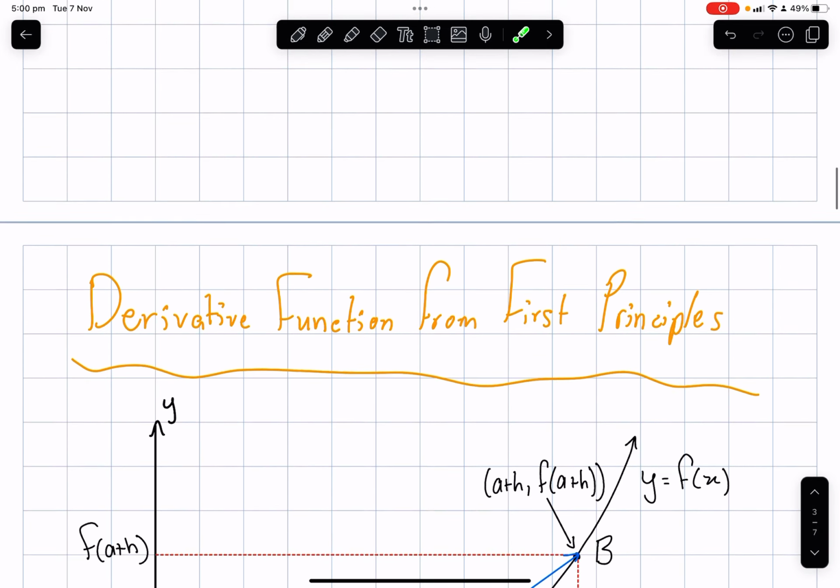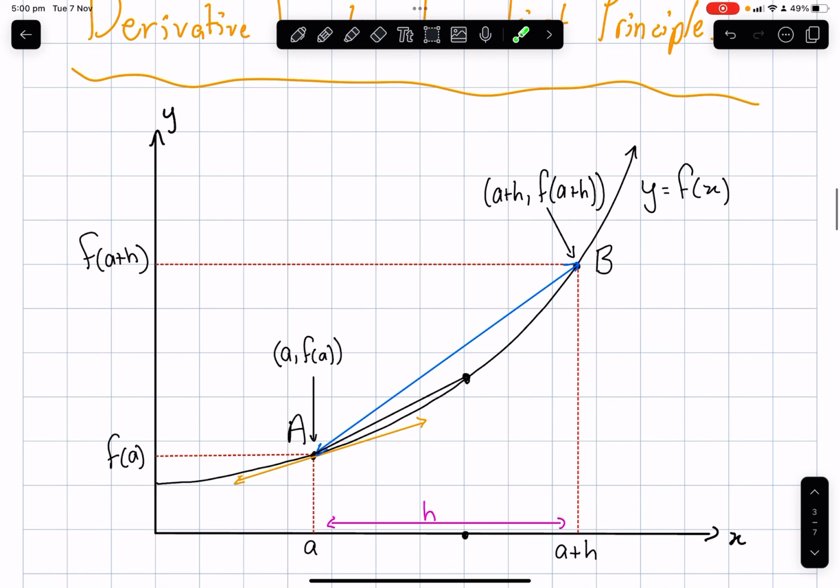So in the last video, I showed you this diagram here, and we looked at finding the derivative or the gradient at A, and we looked at moving this B value down my curve closer to A to make this gradient between A and B closer to this tangent. And we did that by making h smaller, and that's where we got into limits.